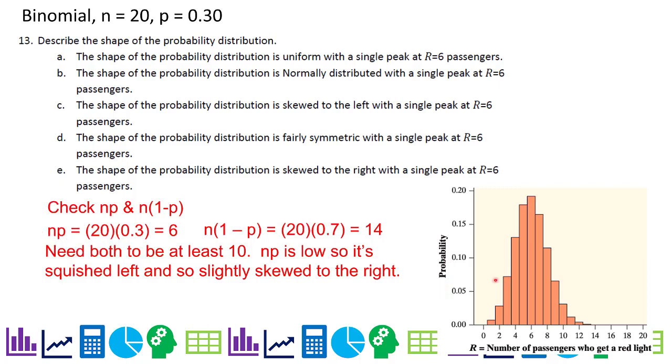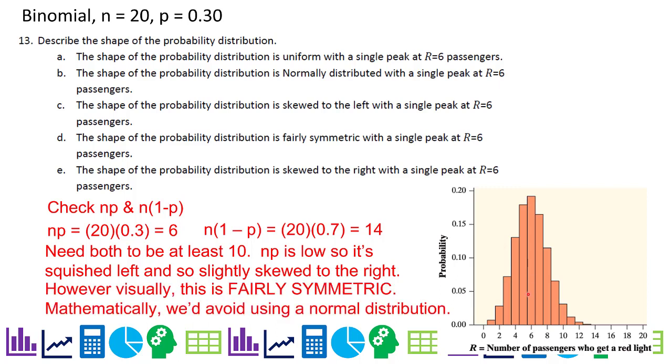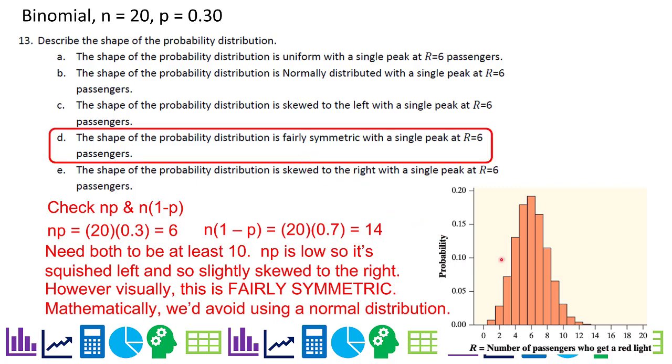You can see how it's scrunched up here, but stretched out a little bit there. However, this isn't really asking me to check if I can use a normal approximation. If I was just looking at this visually, it is fairly symmetric. So mathematically, I'm tempted to say it's skewed to the right. Now, it's not strongly skewed to the right, and that's probably why we settle on this answer of D.